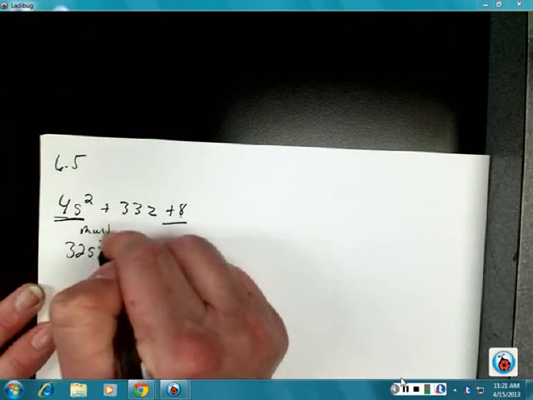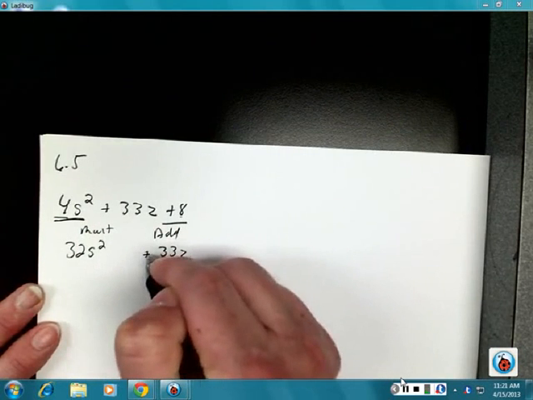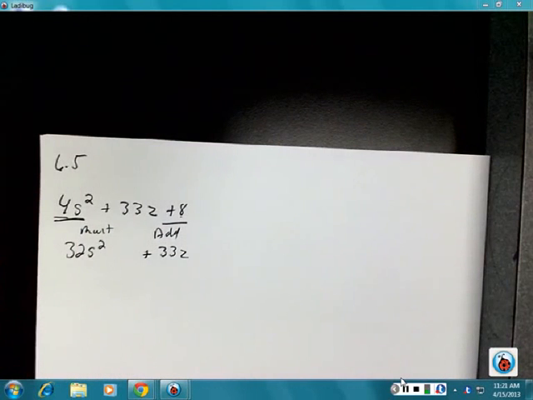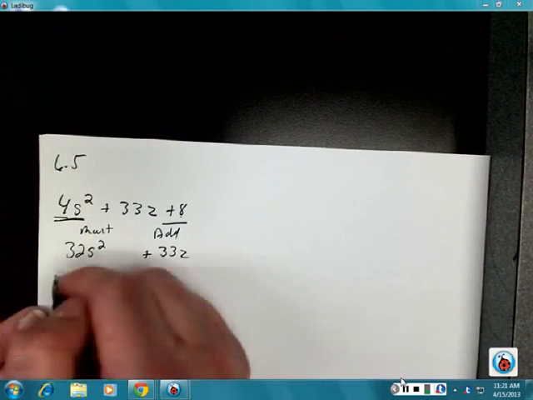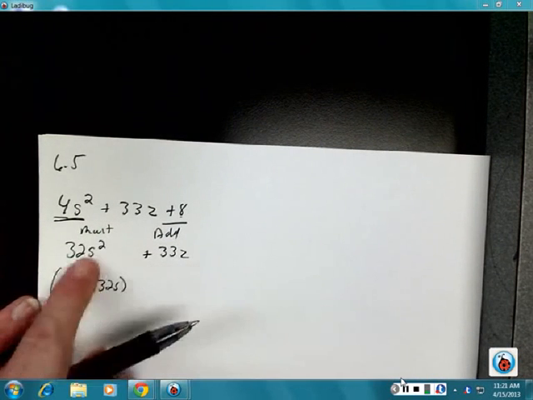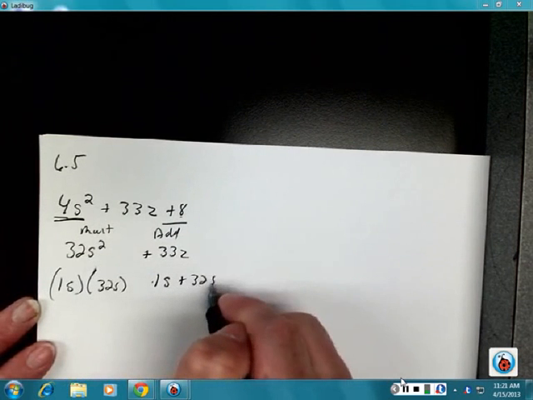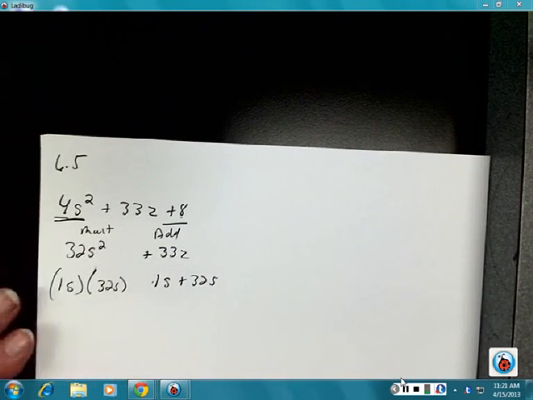It's going to multiply to give me that, but it's going to add to give me a positive 33s. So what are my factors going to be? Things that multiply to give me 32s squared? 1 and 32. So 1s times 32s gives me that, and 1s plus 32s gives me my 33.